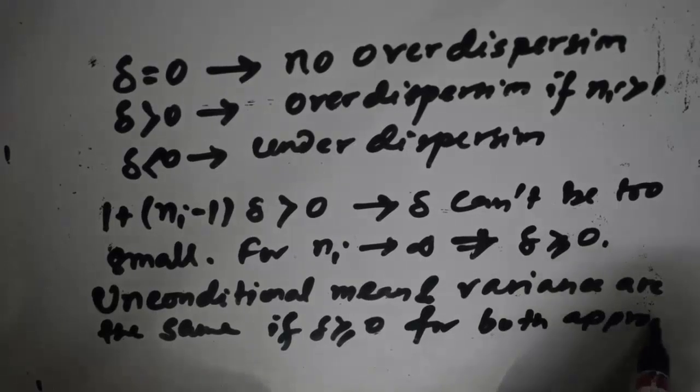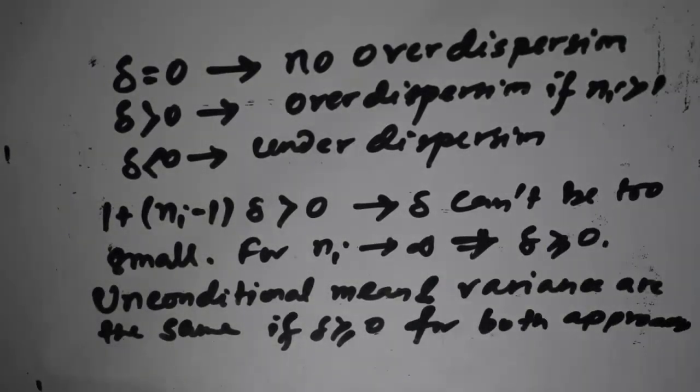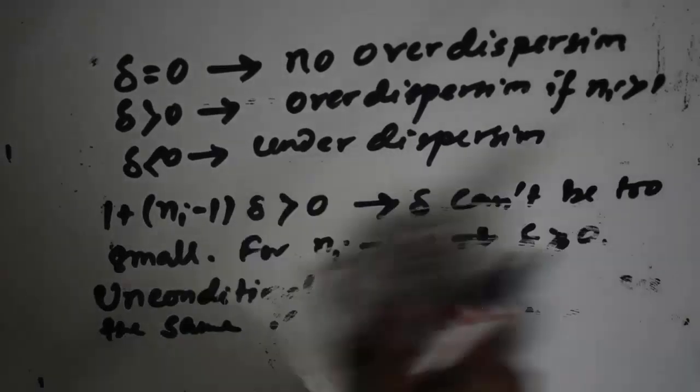Both approaches means modeling of correlation among the binary responses and modeling of variability among success probabilities.